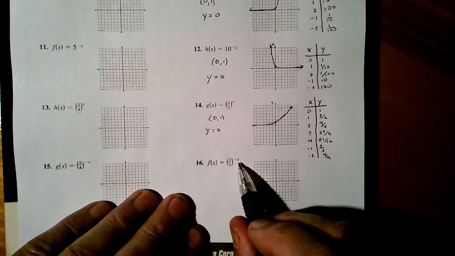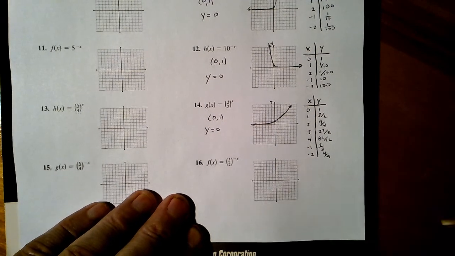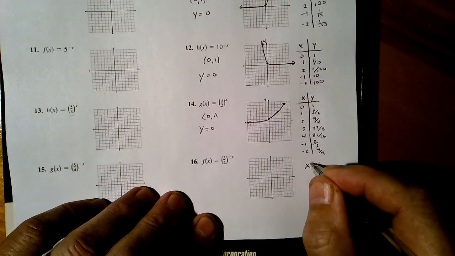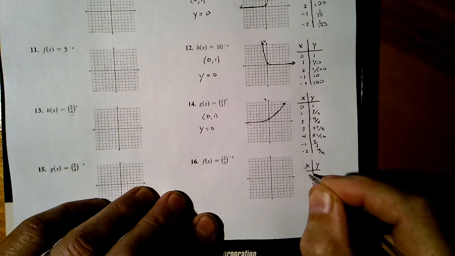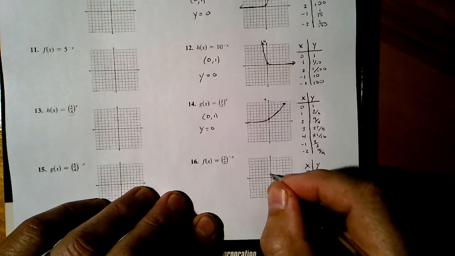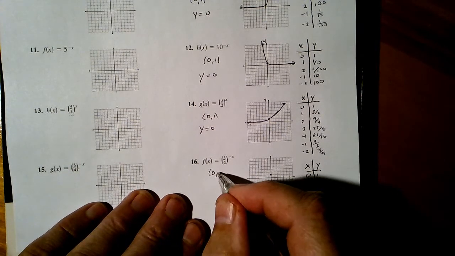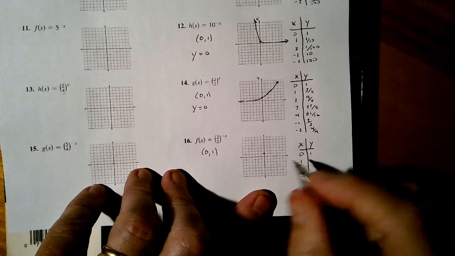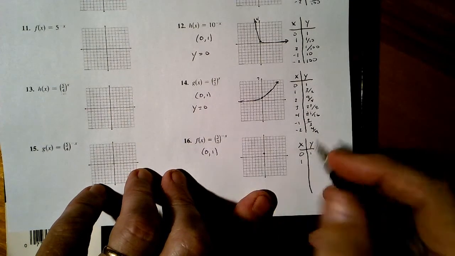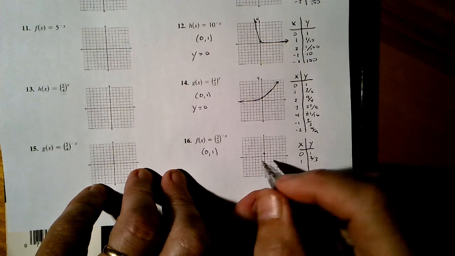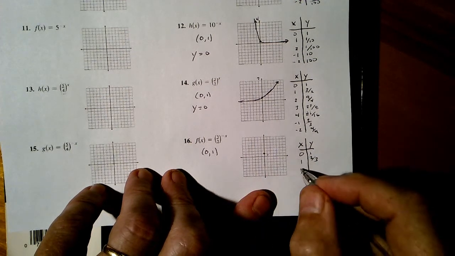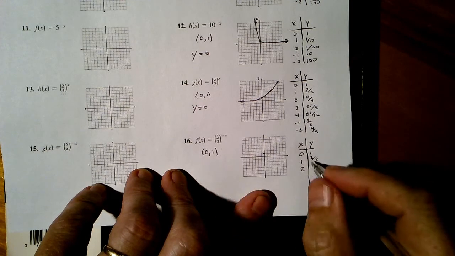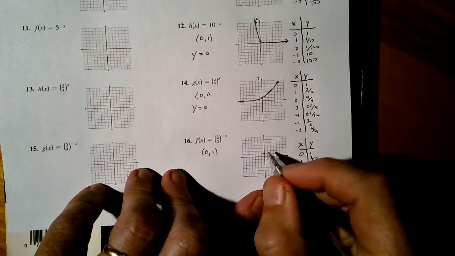And 3/2 to the negative x, we're going to see a lot of the same values. x, y. Put in 0, get out 1. (0, 1) is an intercept. Put in 1, that's 3/2 to the negative first, flips it: 2/3. Put in 2, flips it 2/3, but squared: 4/9, under 1/2.